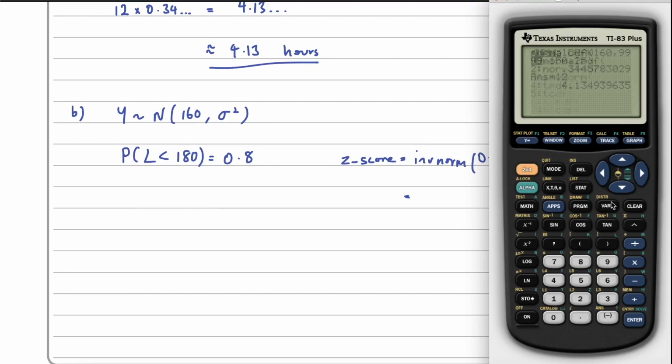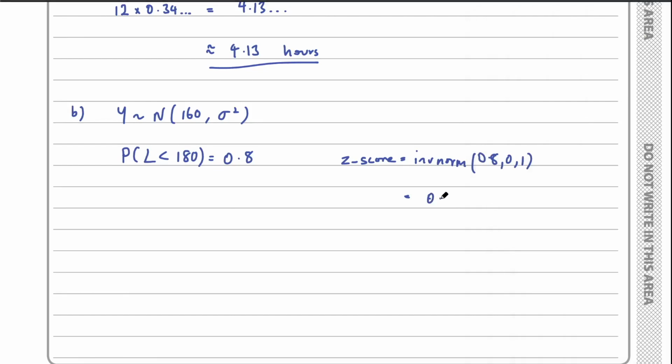So go into your distribution menu, go to inv norm, and we put in 0.8, and we get a z-score of 0.84162, etc.